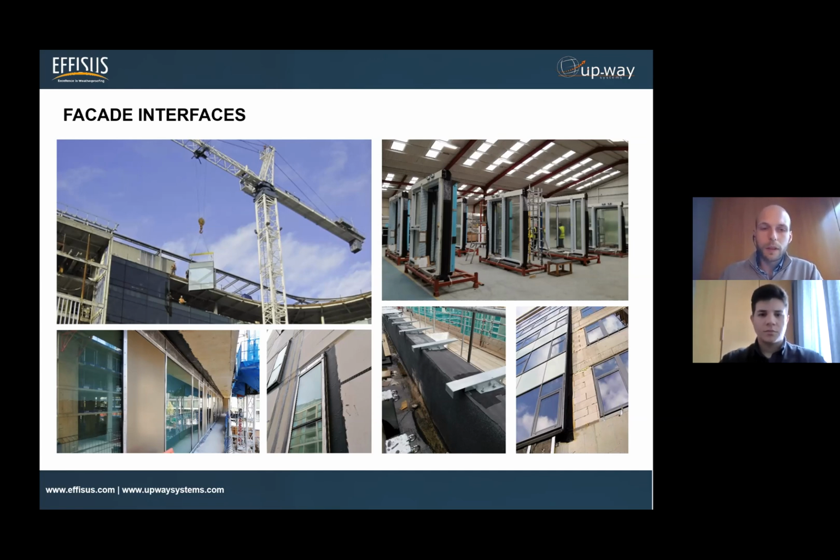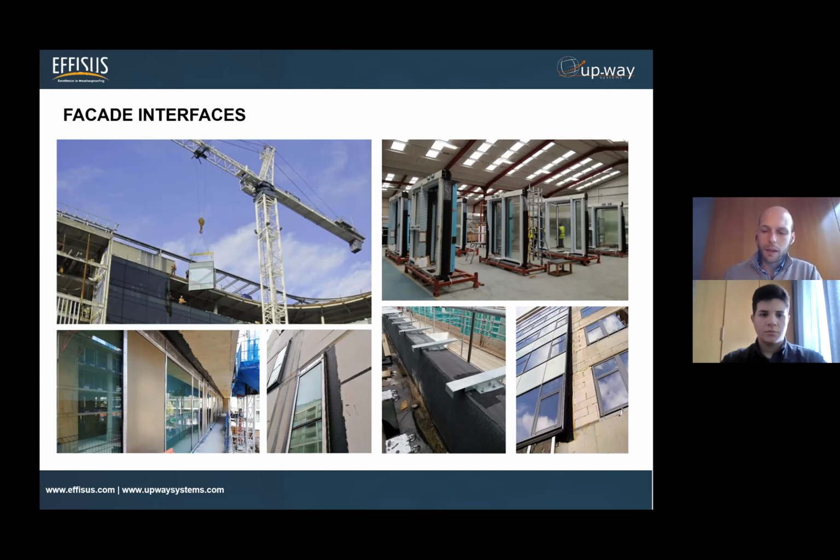So when we look at interfaces, we should understand that these are very specific details. This is not the same as managing an overlap between the same material, for instance.